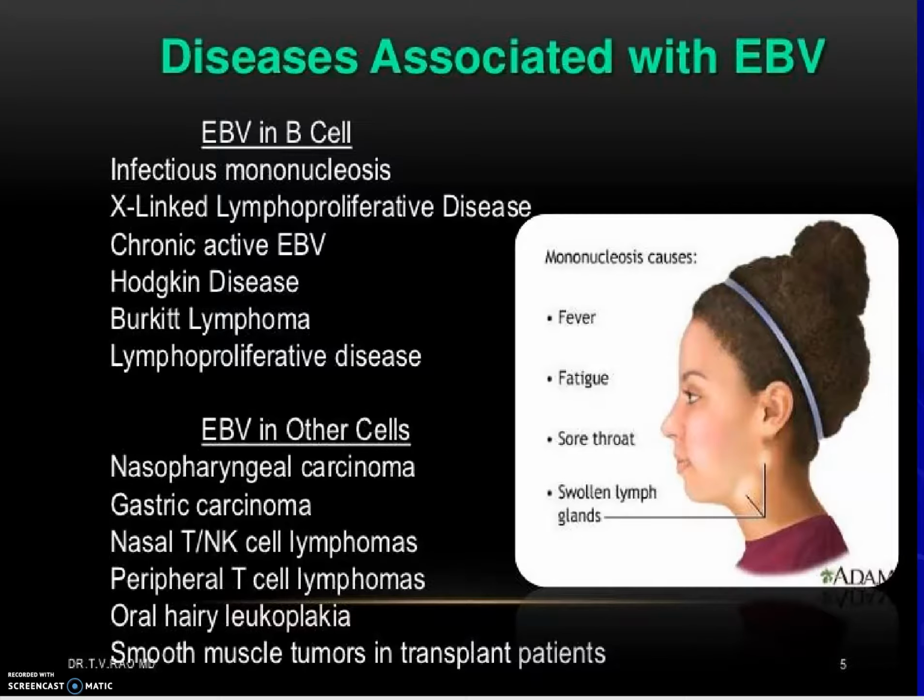So let's finish off by looking at some diseases that are associated with Epstein-Barr virus. If the EBV infects the B cells, then we have the infectious mononucleosis, and you may also end up with Hodgkin's disease, Hodgkin's lymphoma, Burkitt's lymphoma, or lymphoproliferative disease.